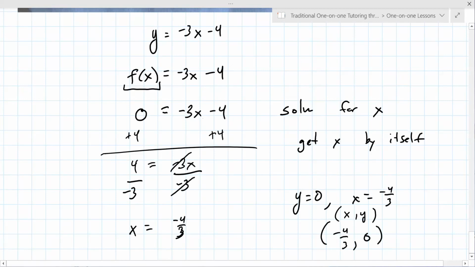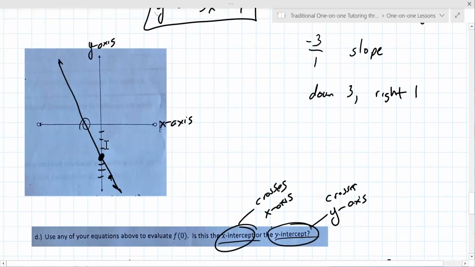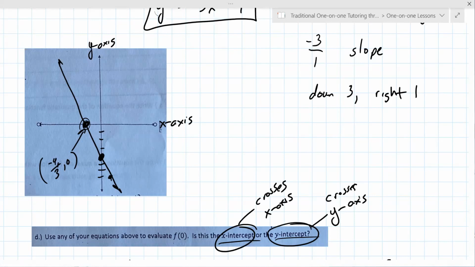When you go back to your graph, this point right here is -4/3 comma 0. Is that also go down 4 and 3 over? Yes. If it goes down 4 and right 3, you hit that point right there.